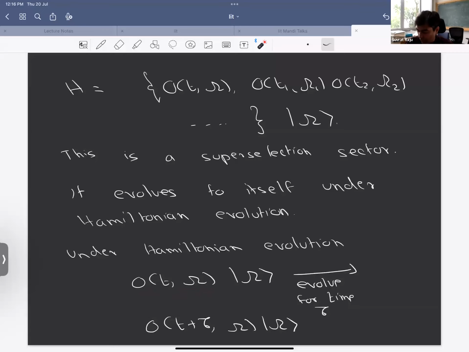Therefore, this state was an element of your Hilbert space, and this state is also an element of your Hilbert space. So, whatever this Hilbert space is, it is a good Hilbert space to work with, because just by doing evolution, you never evolve out of it. The same argument holds at null infinity: there's some Hilbert space, and just by doing evolution on null infinity, you don't go outside that Hilbert space.